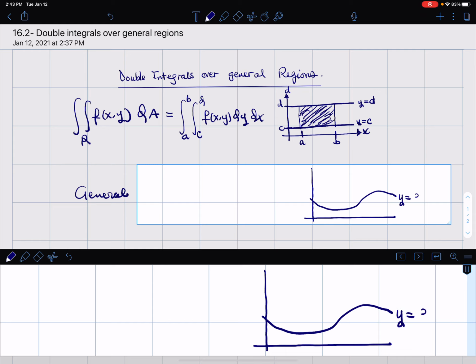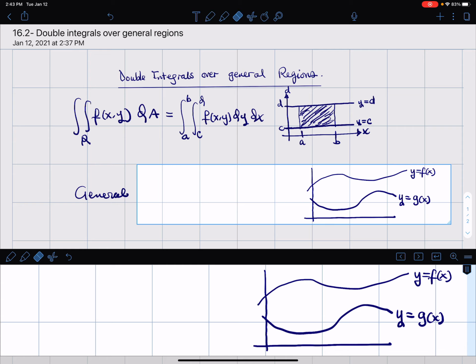It's say y equals g of x. And then you have another function like this. Let's make this h of x for high and L of x for low.